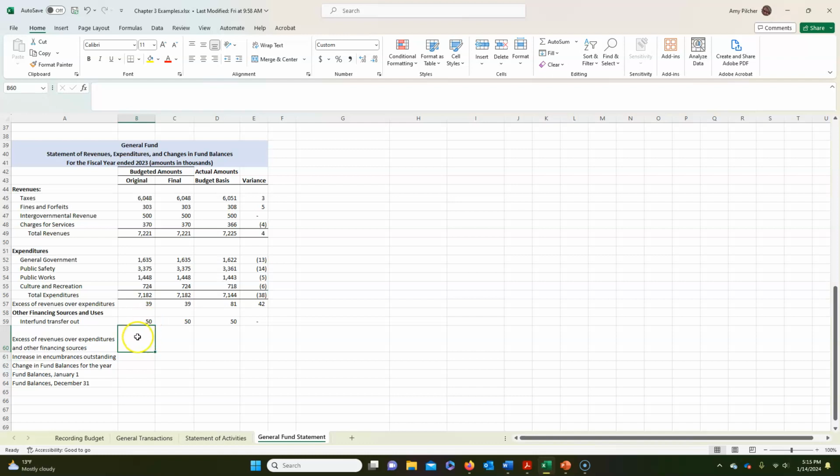Okay, then we look at what was the excess after we look at our other financing sources and uses. So of course our budgetary, we have a negative amount of $11 for that transfer out. We have a positive for our actual, and then the variance, of course, oh actually the variance, nope, is 20.